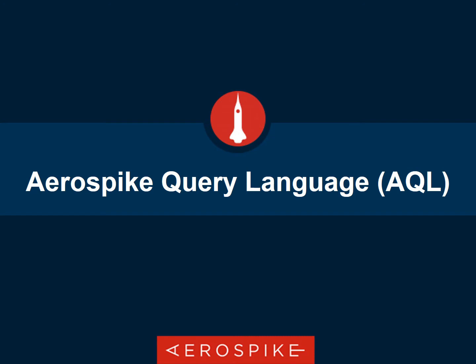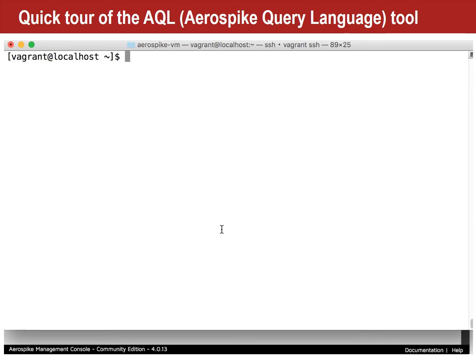Let's take a quick look into the Aerospike Query Language, or the AQL tool. While still inside our Vagrant SSH shell, let's look at the first tool, the Aerospike Query Language, to see if we can insert a record into Aerospike.